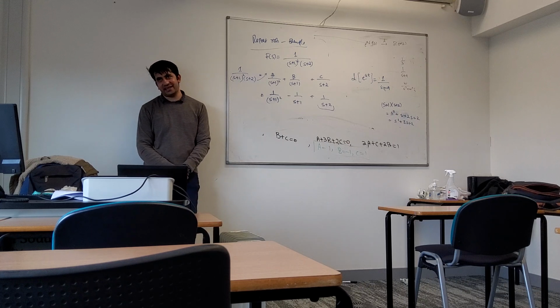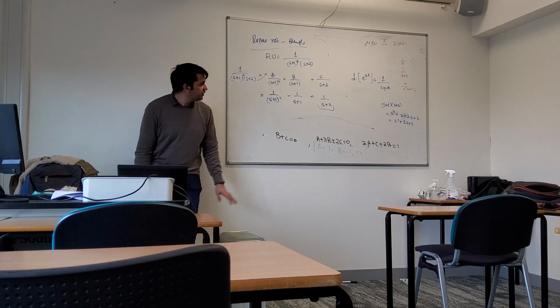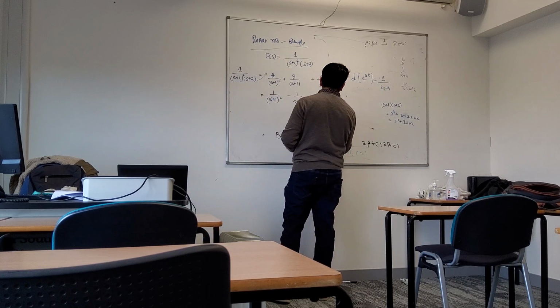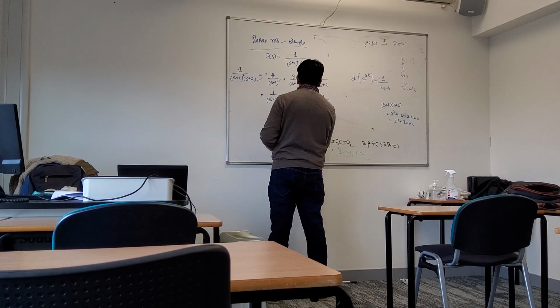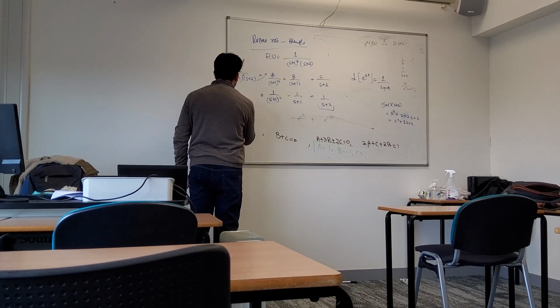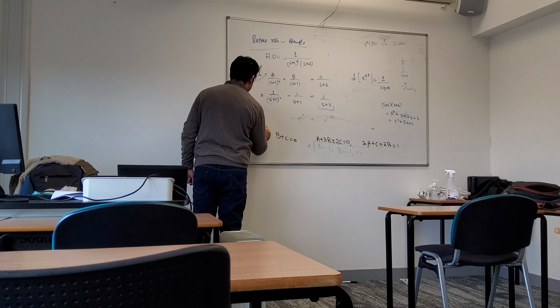t times e to the minus t, yes. Because for t, it's 1 by s squared. Then if you multiply e power minus t with it, it would be 1 divided by (s plus 1) squared, right? So for these two, it was quite simple. For this one, we know that it's e power minus 2t. For this one, it's e power minus t, with a minus sign. For this part, we know that the Laplace transform of t is 1 by s squared. We know that if you multiply by e to the minus a t, s is shifted by plus a.